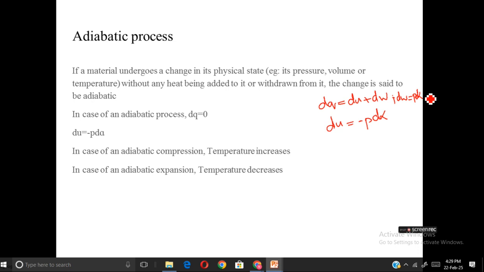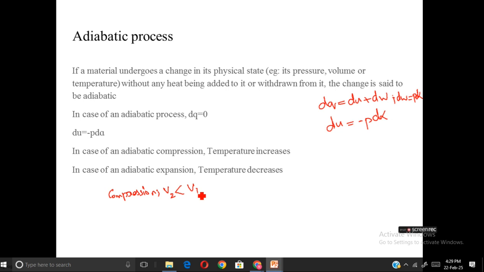Suppose we are considering an adiabatic compression, in the sense that V2 is less than V1, so the volume of the system is decreasing from V1 to V2.